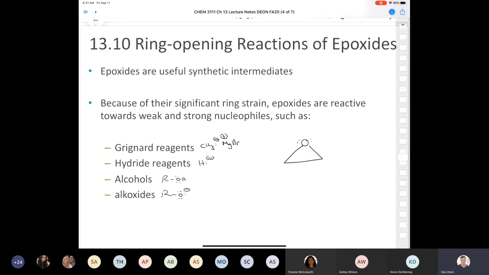Okay, then you're going to end up producing what? You're going to have 2 methyl groups. You're going to have the alkoxide like that, right? Then you have the other carbon, right? That's this carbon right here. And then you have your nucleophile attached to it like this.